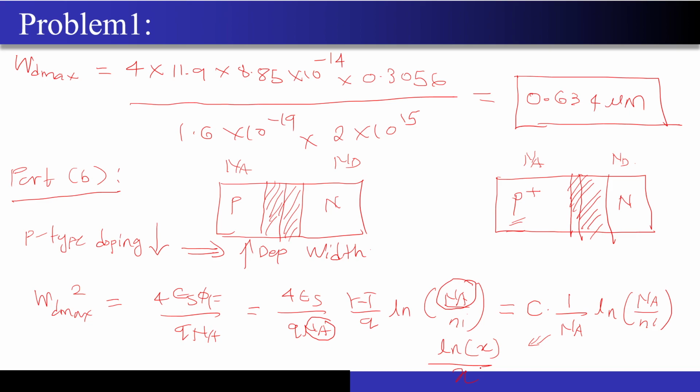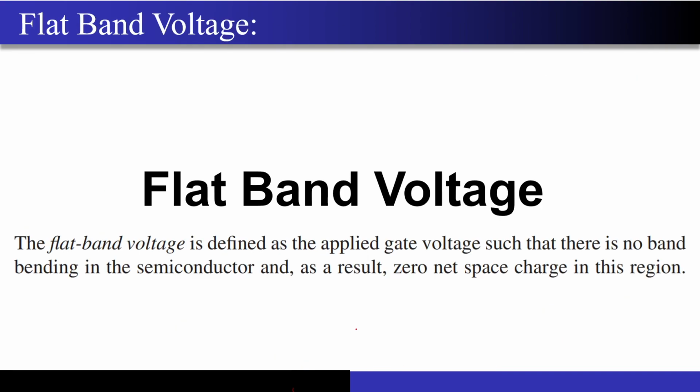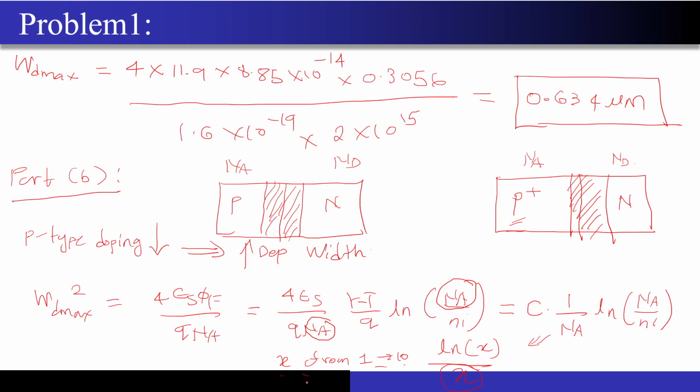Now the x function that you are seeing over here, if I increase the value of x from 1 to 10, then x will get multiplied by a factor of 10, right? But if I try to check the value of log from 1 to 10, you will find that this function increases very, very slowly.